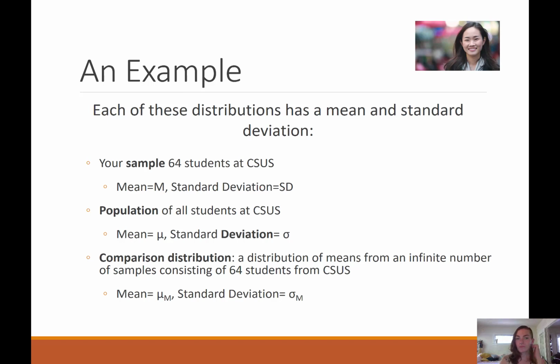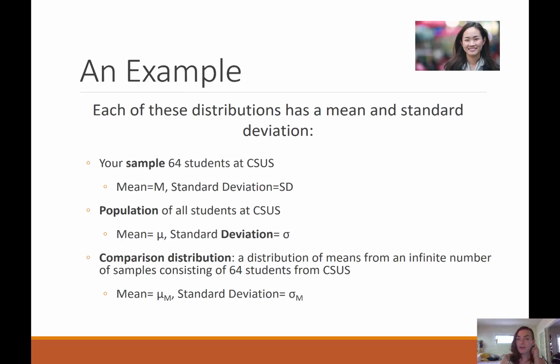So, for example, my sample of 64 students at Sac State, that's my data, right? There's a mean score for my sample, and I can calculate the standard deviation of the score for my sample. That's pretty straightforward. There's also theoretically a population mean. And remember, that's denoted by the Greek letter mu. That's this right here.